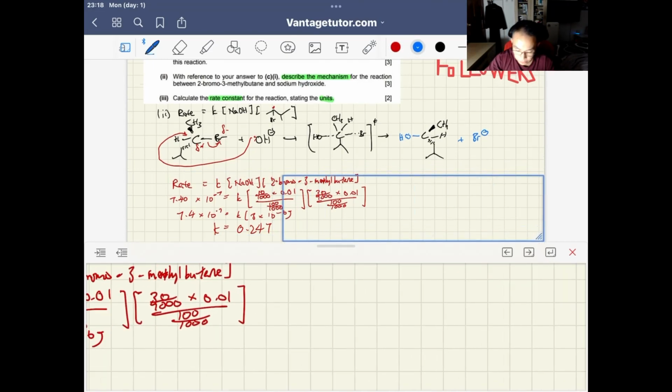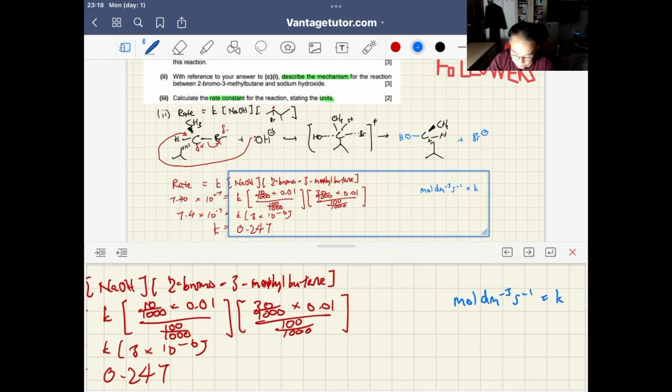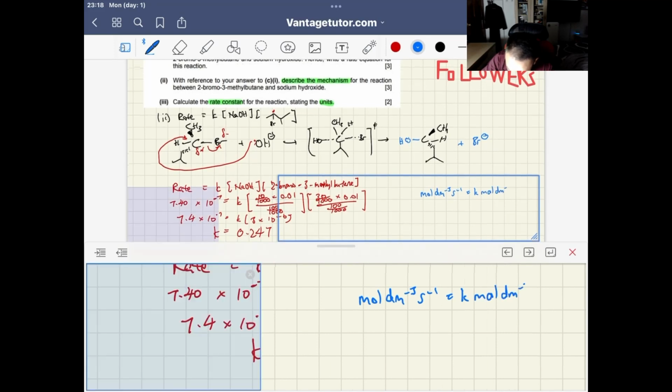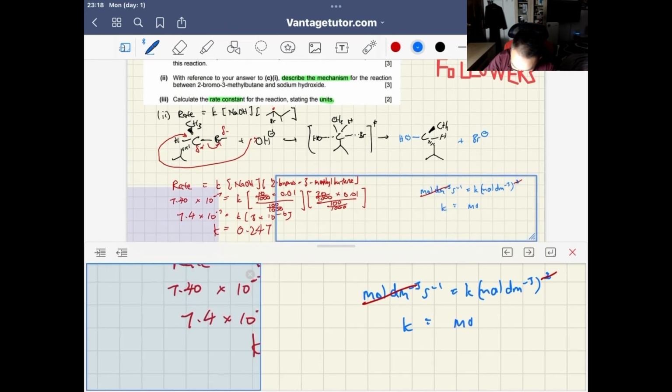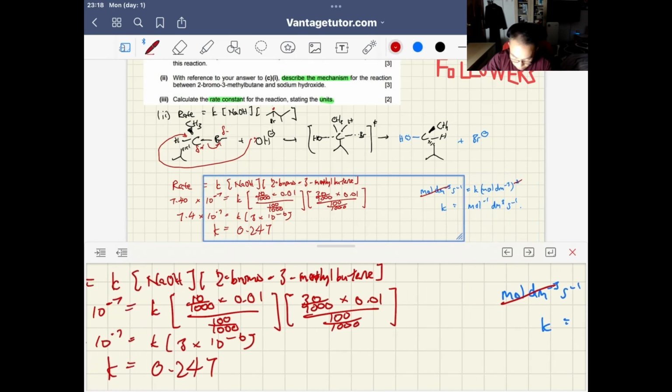As I know my rate is supposed to be mol per dm cube per second, equals to my first order and first order, so the overall is second order, so it's basically mol per dm cube squared, for which I can cancel out this, and therefore my k is very simply just mol negative 1 dm cube to the power negative 1. Okay, so I just put in my units right now in red, so this is gonna be mol to the power negative 1 dm cube to the power 3 per second.